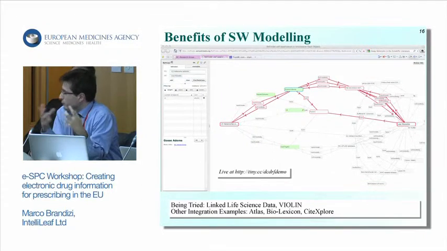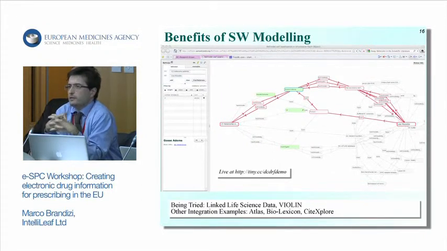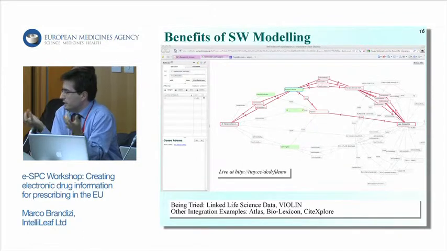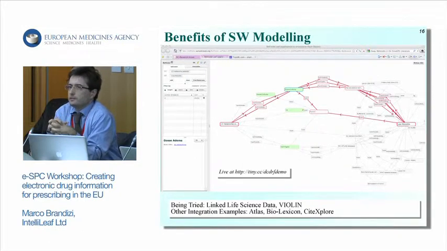The tool explored the knowledge modeled by means of semantic web standards and showed this network where you can easily discover that there are other people, another document, which is a PhD thesis, related to the initial knowledge you were interested in. This example is also accessible at that address.